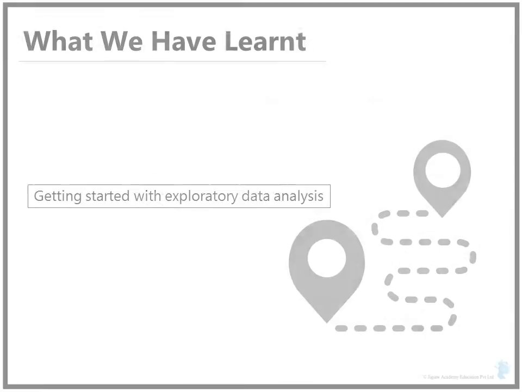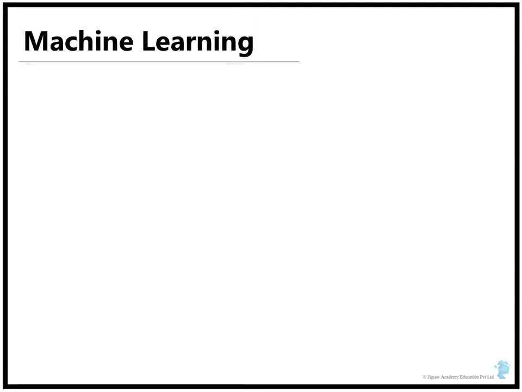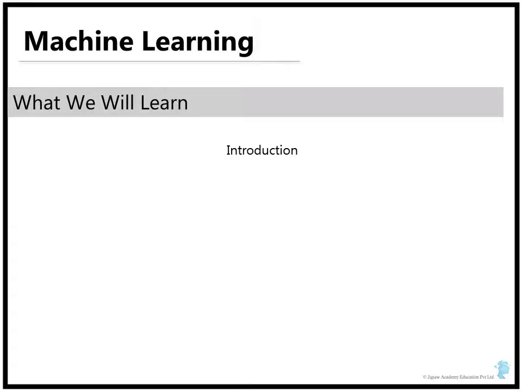Now that we have seen how to get started with exploratory analysis with data, we get to the most attractive part of our course, which is doing data science and machine learning. In this section of the course, we will introduce you to what machine learning is and guide you through examples of machine learning.